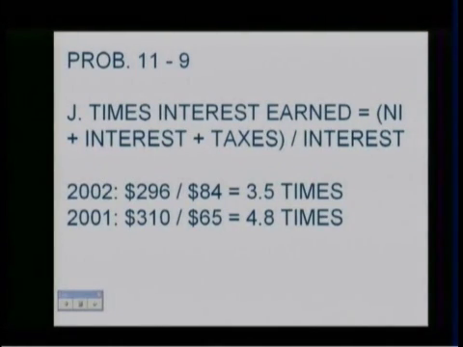In 2001, they could have had 4.8 times as much debt and still not have had a loss, simply by being able to pay their interest. But that trend there doesn't look good because the times interest earned should be larger and it's going down. So that shows you that they're in more debt than they should be or than they have been. Whether it's what they should be or not would be up to the investor or creditor.